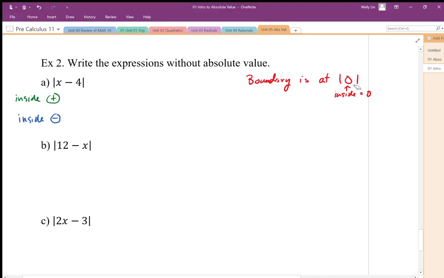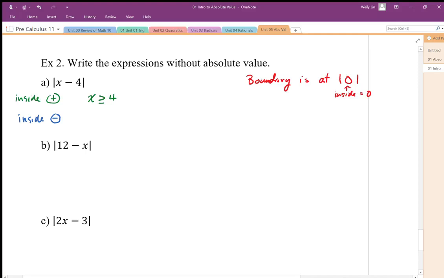The boundary is when it's equal to 0, which is when x is equal to 4. If the inside is positive, what are the values of x that make the inside positive? Anything bigger than 4, and we're just going to include the equal to on the positive side.